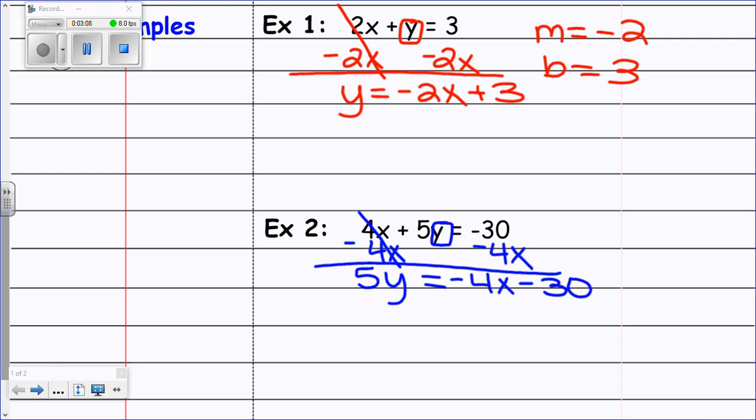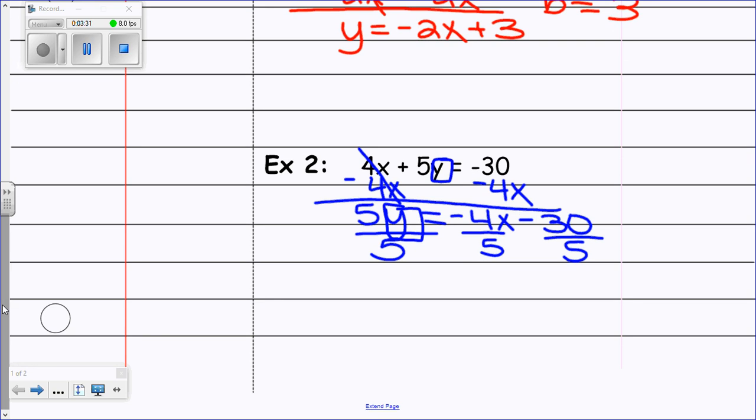But at this point, we still haven't gotten y by itself because the 5 is still attached to it. And so what we're going to do is now we're going to divide both sides by 5. So we're going to divide that side by 5. But what I want you to do on the other side is divide each term by 5. That's the same thing as dividing the whole thing by 5 is dividing each term by 5.